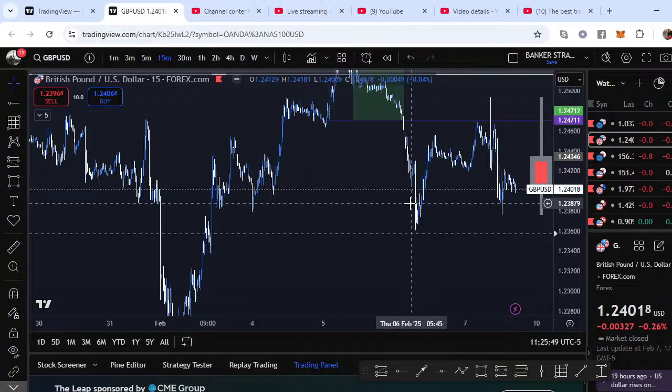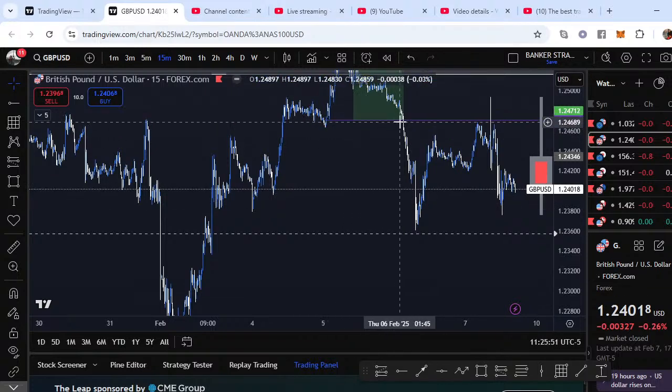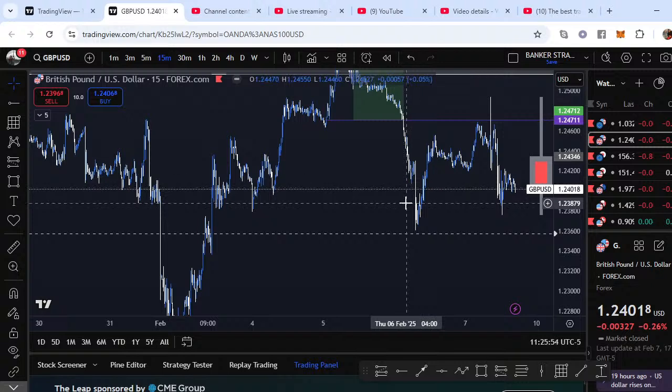I'm up at 3. I probably would have waited and seen what it would have done, but I would have taken at least 2 lots off that trade at that point and let that one just continue going. You feel me? That's what I would have done.